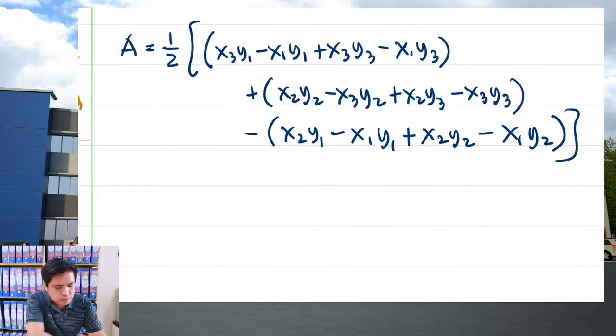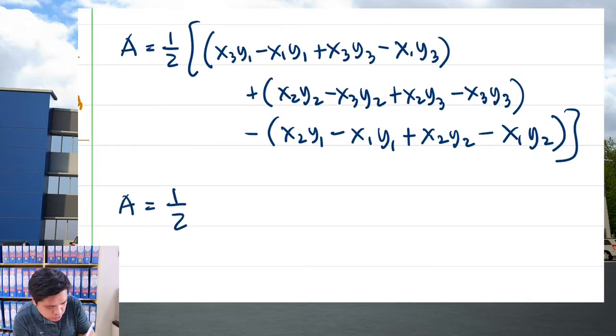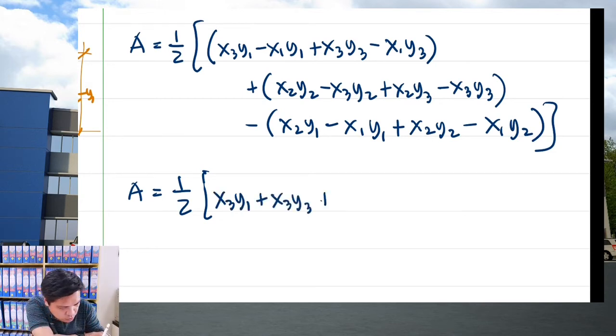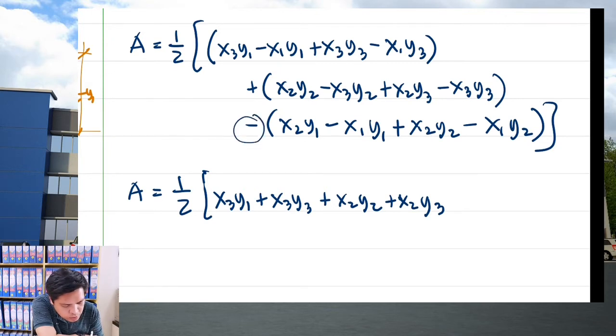Okay. Let's rearrange. Area is equal to 1/2 times, kung i-rearrange natin siya, i-separate natin yung mga positive and negative. So, unahin natin yung mga positive x3. Dito sa baba, that would be plus x2y2 plus x2y3. So, this time, yung mga positive dito is ito at ito.